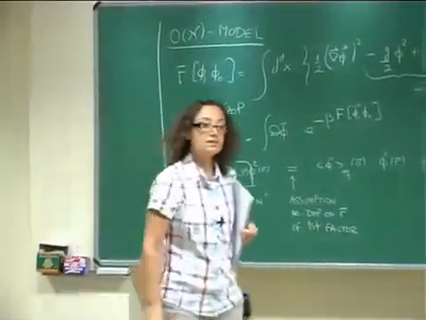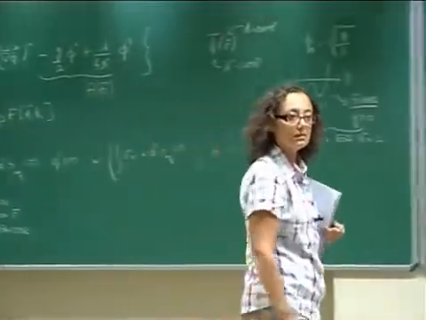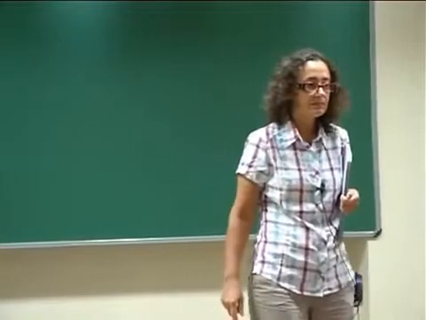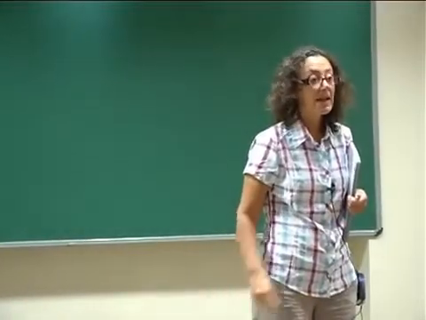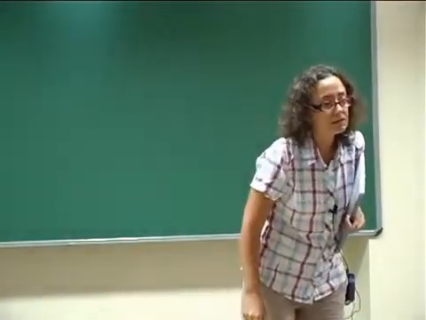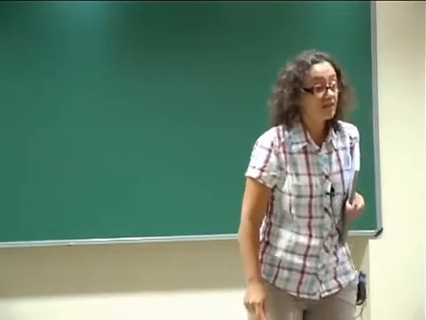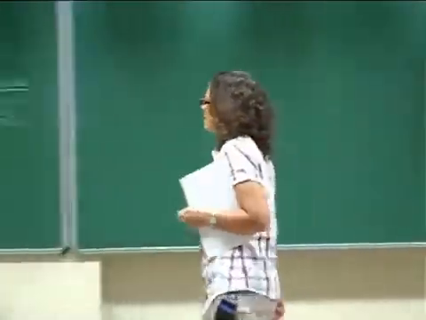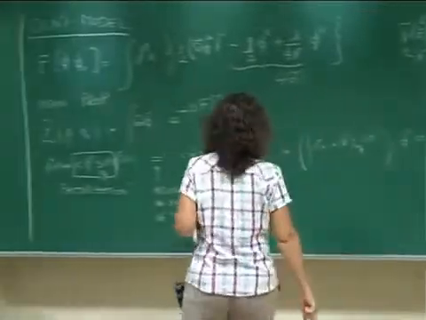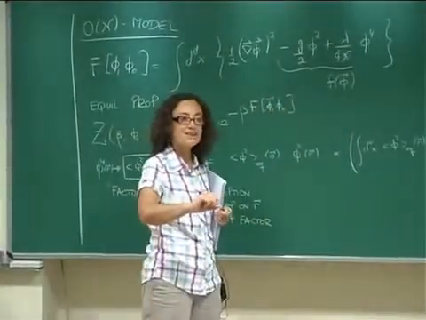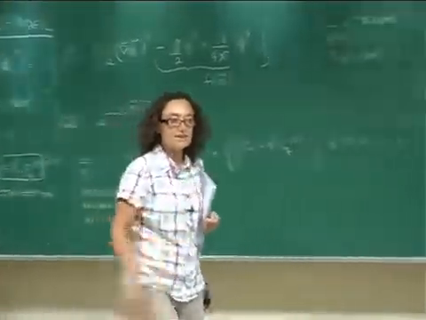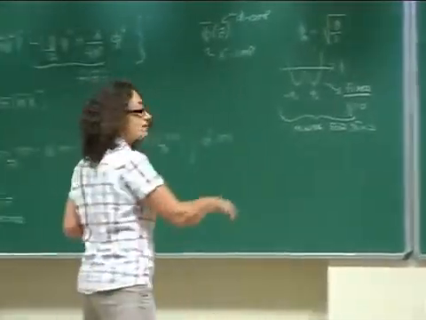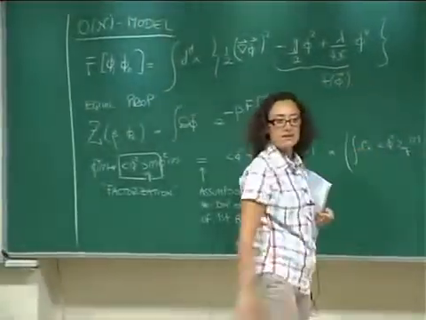Yes? A potential that would depend on r? A V of r? Well, it depends. It depends what your V of r is and how you scale it with N. And there are also tricks that you can do for other potentials which are not necessarily a phi to the fourth power law.